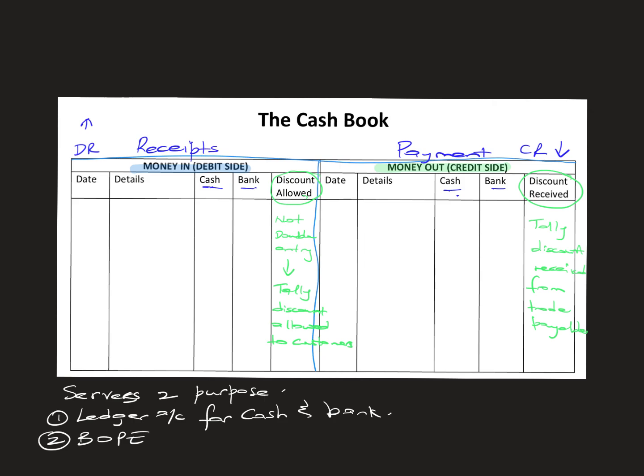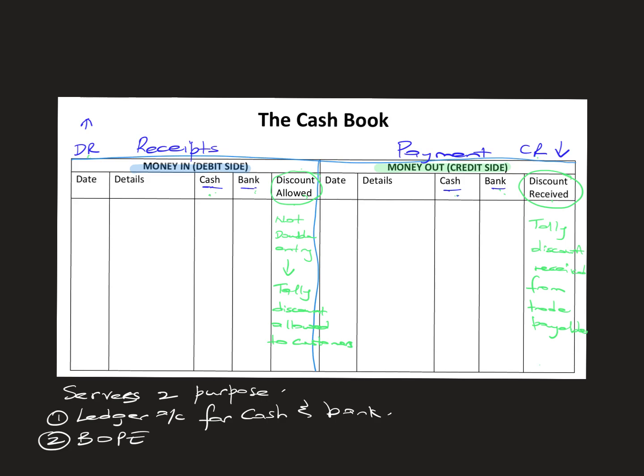What you'll see, however, is that your cash column and your bank column form part of double entry. So on the debit side, there is a column for cash and a column for bank. On the credit side, there is a column for cash and a column for bank. However, if you look at discount allowed, it sits alone by itself on the debit side, and discount received sits alone by itself on the credit side, because it's not a direct debit and credit.